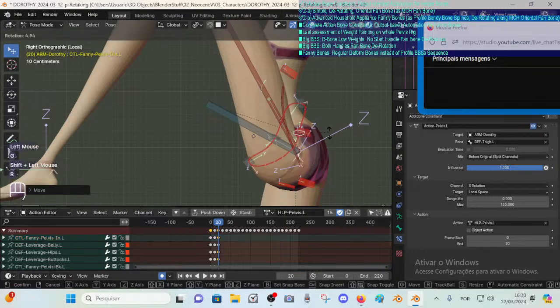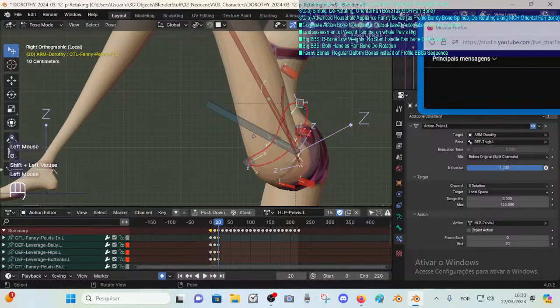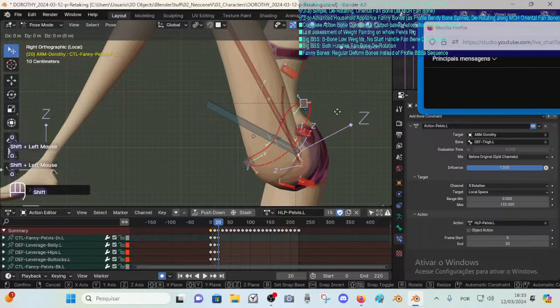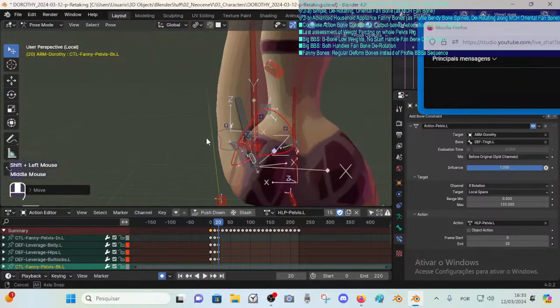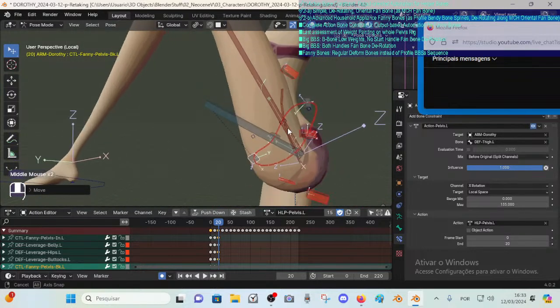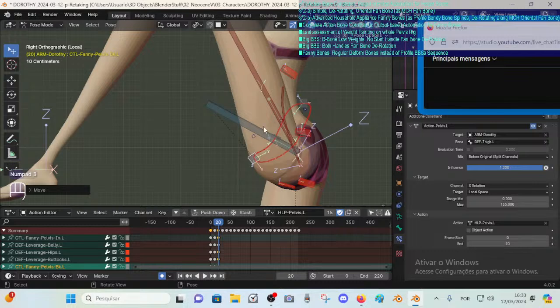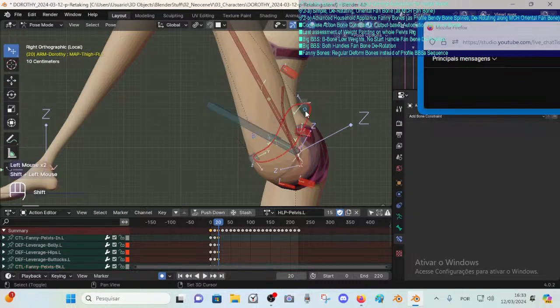Having more vision would help. This is sort of helpful too, but I'm not using other areas. So it's like the thigh has got, oh no, it didn't. I'm looking at the blue bones here.